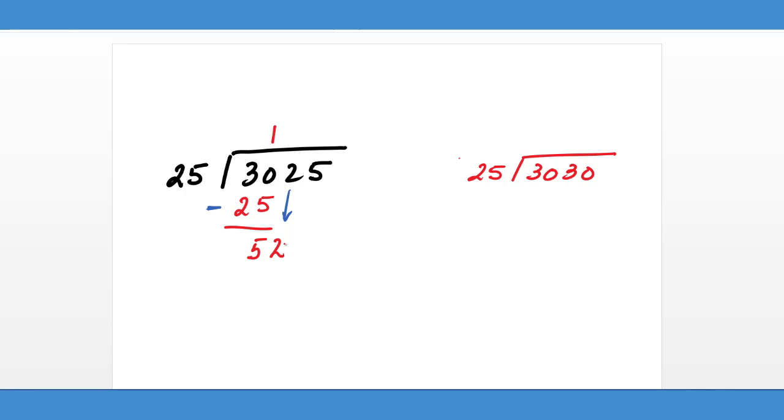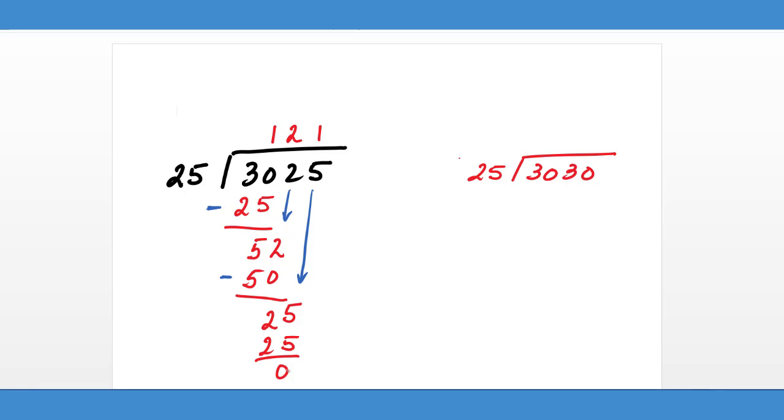And we see how many times 25 will go into 52. That would be 2 times. So 2 times 25 is going to give me 50. Again, I've got to remember I'm subtracting that number, leaving me just a 2. And then lastly, the 5 dropping down. And 25 goes into 25 one time, leaving me 0.